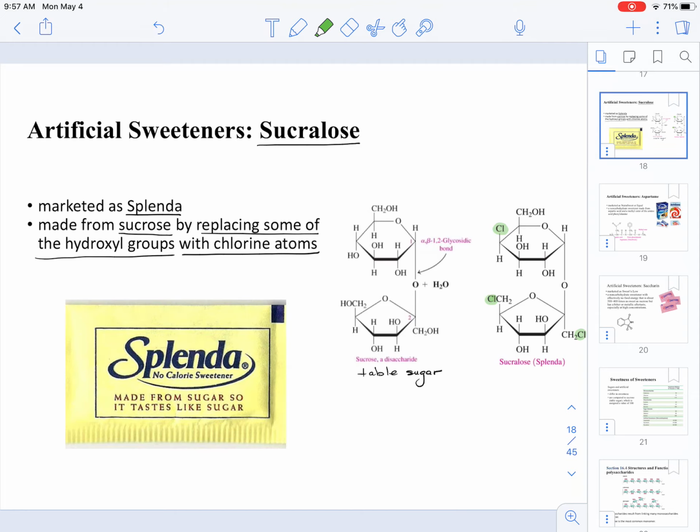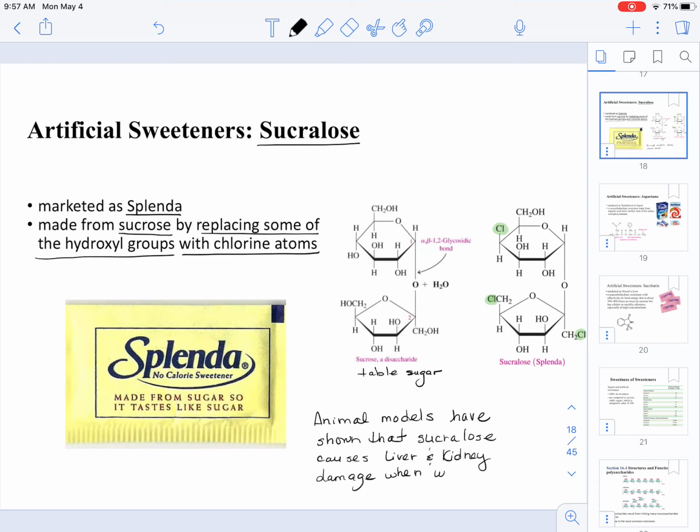But so far, animal models have shown that sucralose causes liver and kidney damage when used in very high amounts.